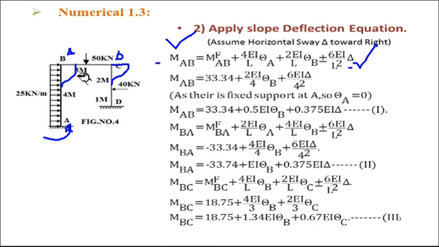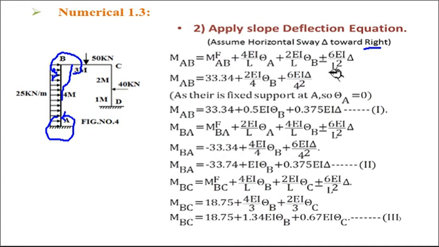Because of this delta, the end moment will be created in an anticlockwise sense. The same moment will be created at both ends in an anticlockwise sense. Let's assume that delta is toward the right side. So delta acts toward the right side and the moment created at both ends is anticlockwise.